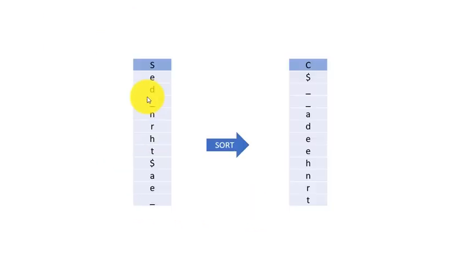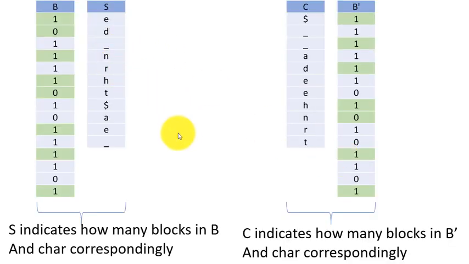So the S table here, I simply sort and make another table which is called the C column. Because we have B, S and B prime, S indicates how many blocks in B, and C indicates how many blocks in B prime.